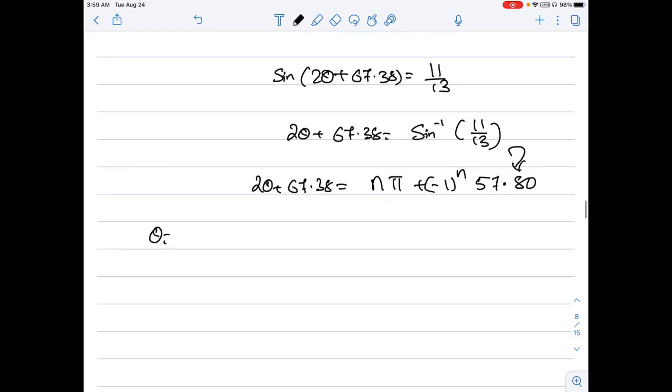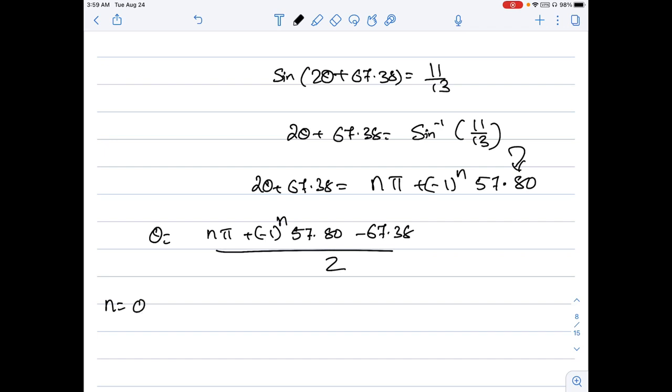Now make theta the subject. This is very simple if we just remember this formula: n pi plus minus 1 whole power n times 57.80 minus 67.38, divided by 2. Now substitute n is equal to 0. If I take n is equal to 0, it becomes a negative answer.